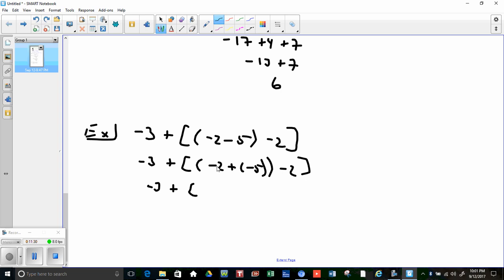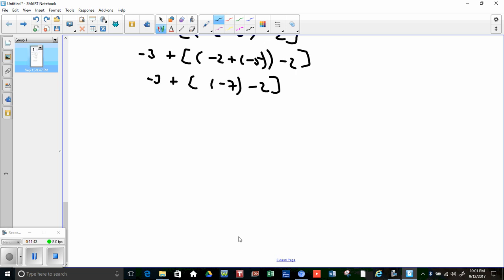Negative 2, 2 to the left, and then 5 more to the left is negative 7. And now what I have is another subtraction problem in here, so I'm going to change that to an addition because I've got to finish off the bracket first.